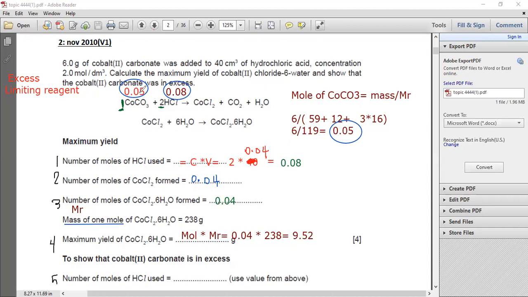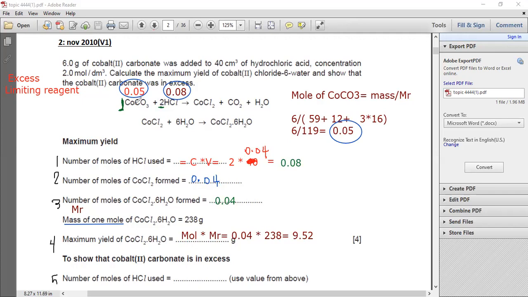Or in other words, cobalt carbonate here is 1, HCl here is 2.